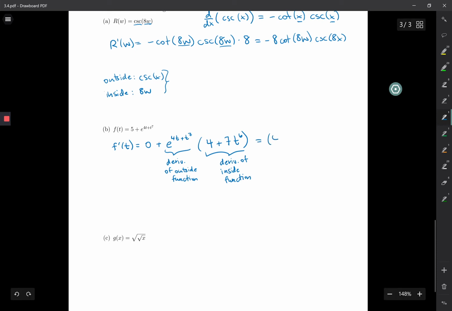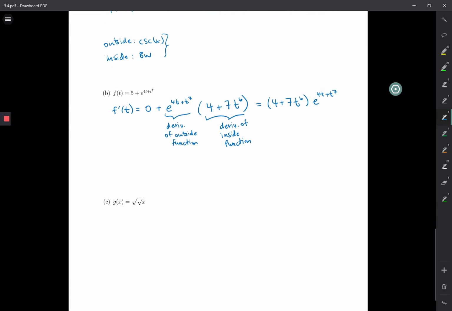We can put this out front times e to the 4t plus t to the 7th, right? Okay, so without having to label everything, it's a little bit easier to just write down the answer. So you may want to take that route when you're doing problems.